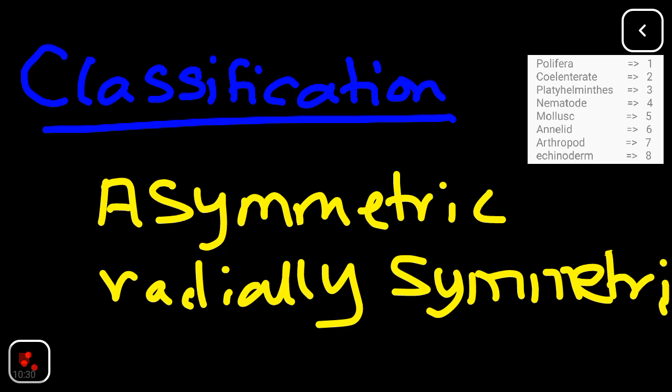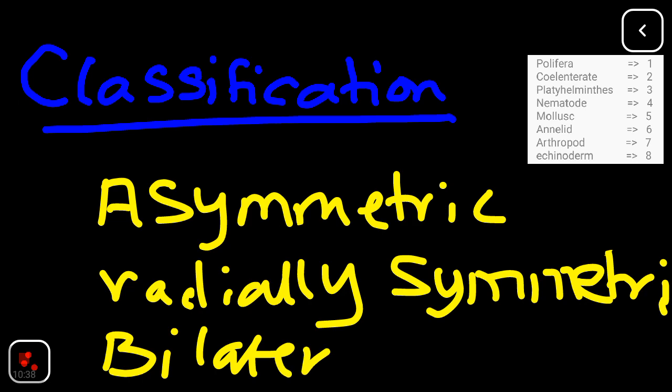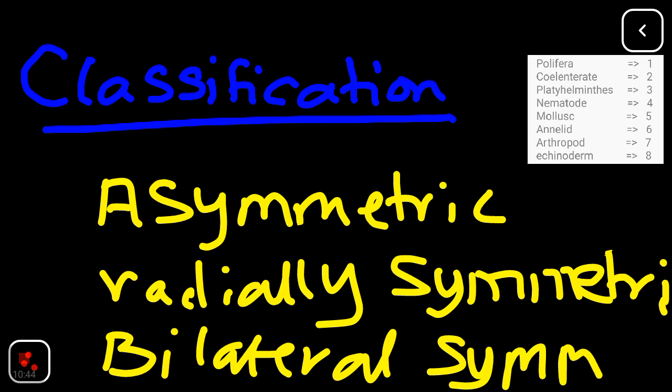Because of space, I want to write it there. And the next is bilateral symmetry. Bilateral symmetric there, right? So here you can see asymmetric, radial symmetric, and bilateral symmetric.